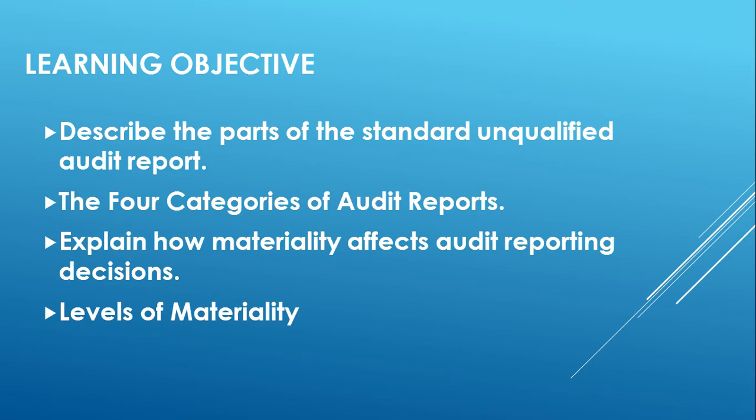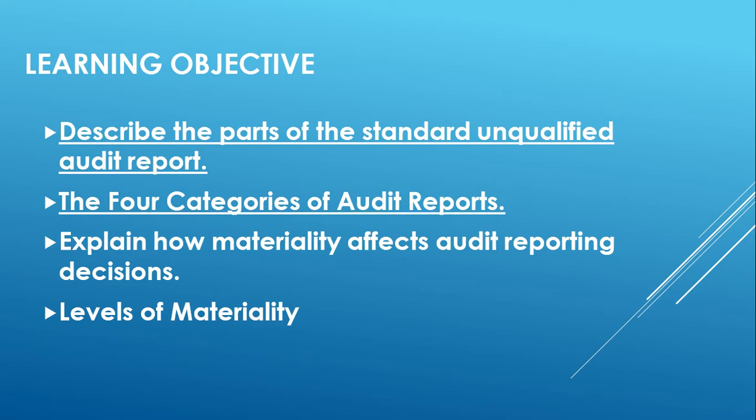In this video, we will describe the parts of the standard unqualified audit report, the four categories of audit reports, and the second video will be about materiality and how we can calculate the levels of materiality.